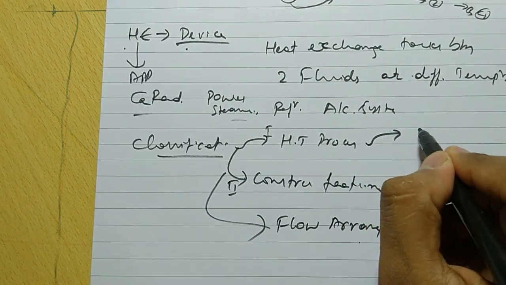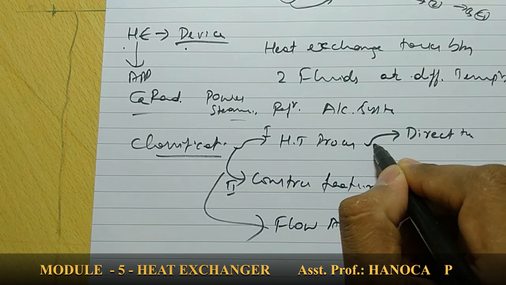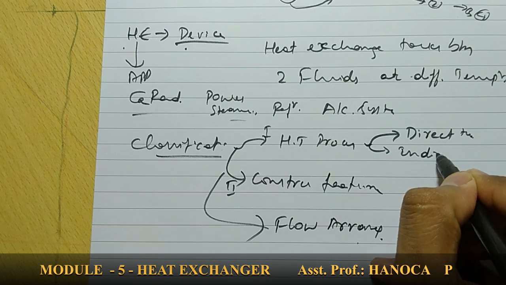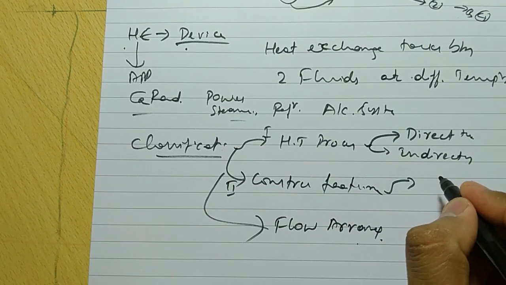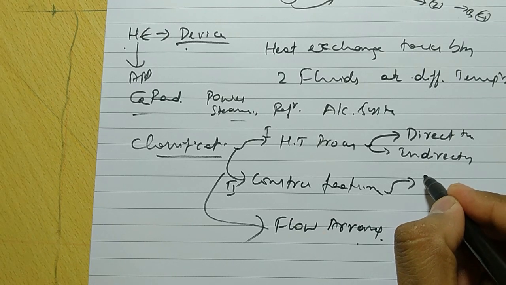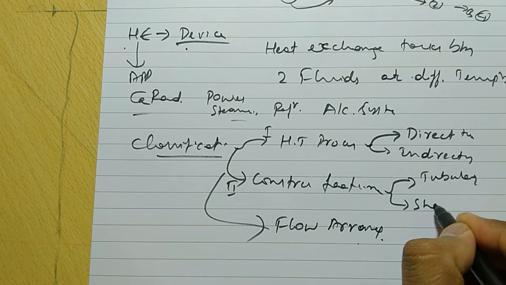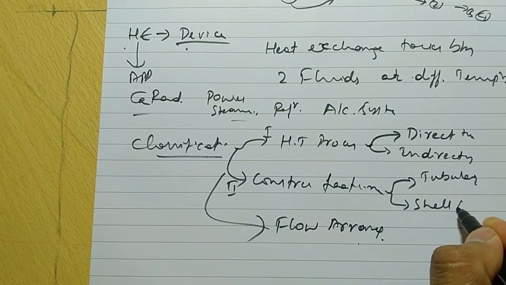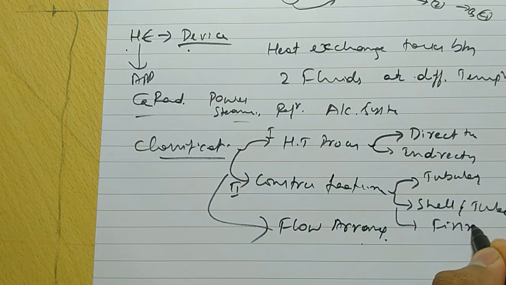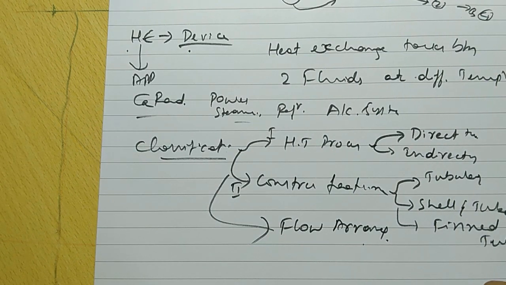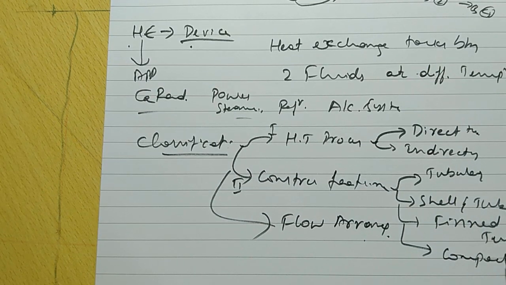In the heat transfer process there are two types: the direct type and the indirect type heat transfer process. Constructional features include the tubular, shell and tube heat exchanger, the finned tube heat exchanger, and compact heat exchangers.